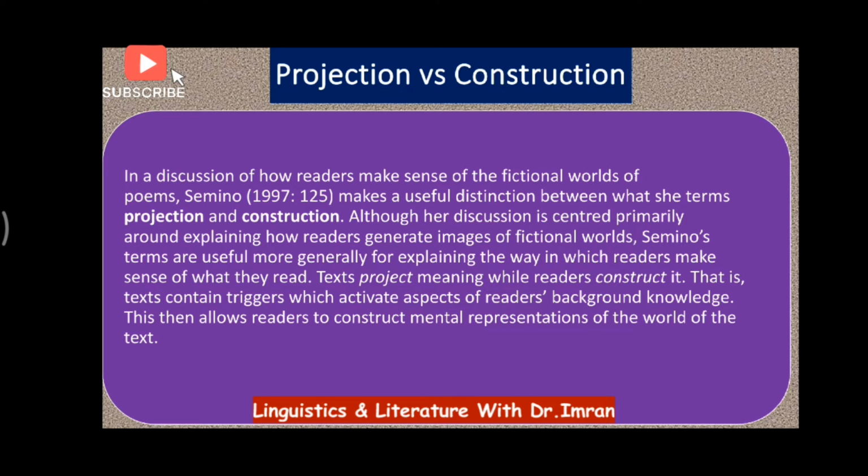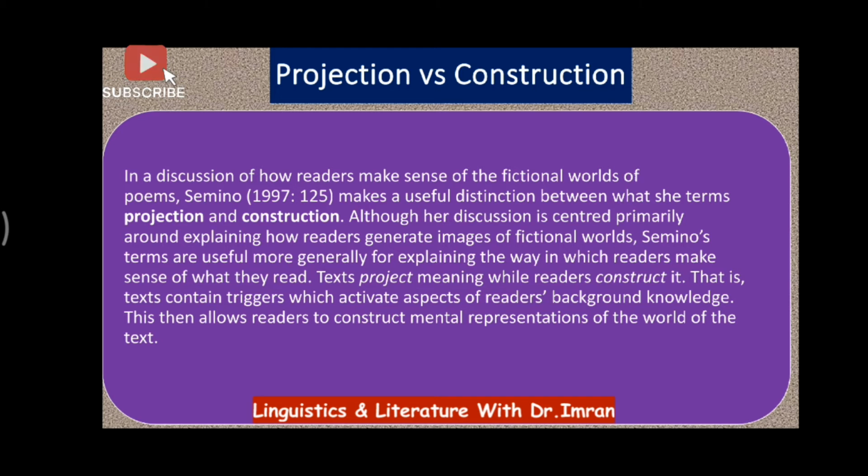So again and again I'm telling you that meaning does not only reside in the text, but meaning also resides in the mind of the reader. Right? So you're going to read a text. And when you read a text, certain words, certain expressions, certain sentences will trigger or generate the background knowledge, whatever you're reading.